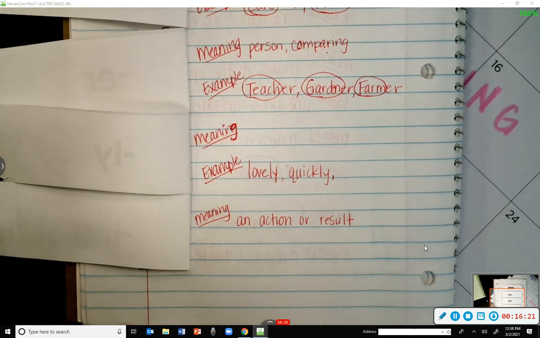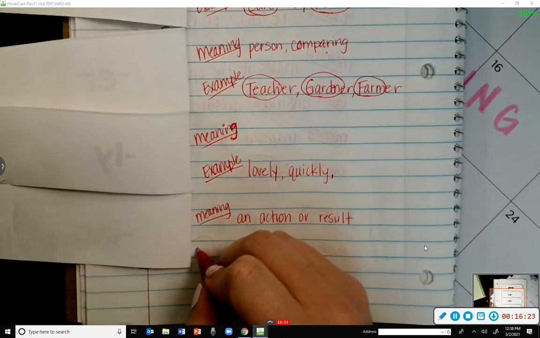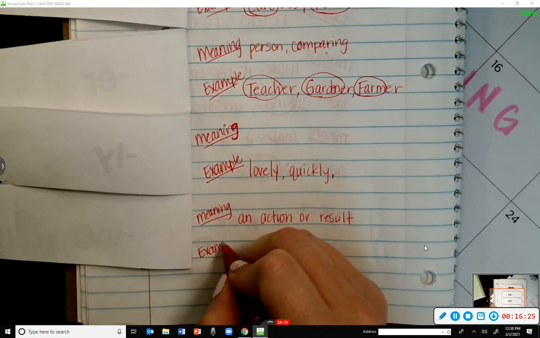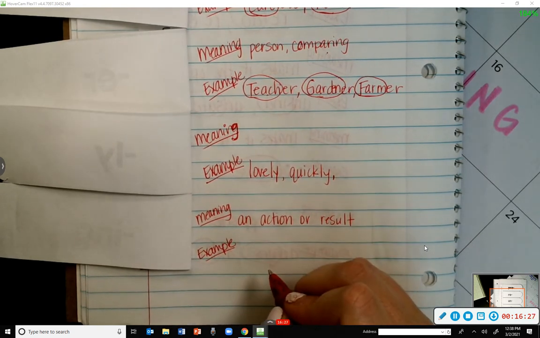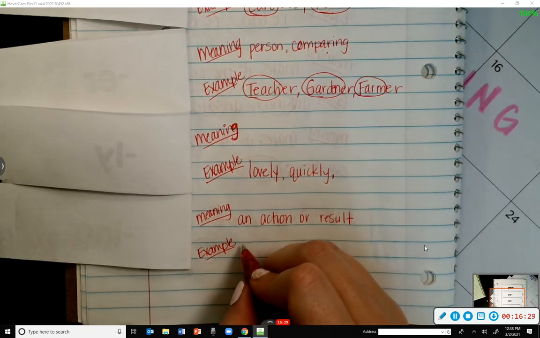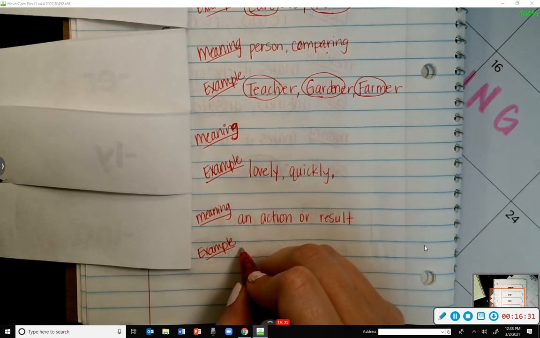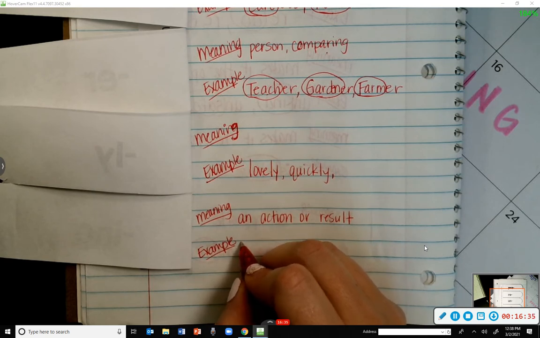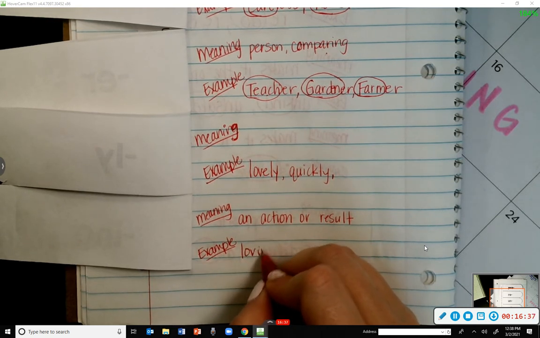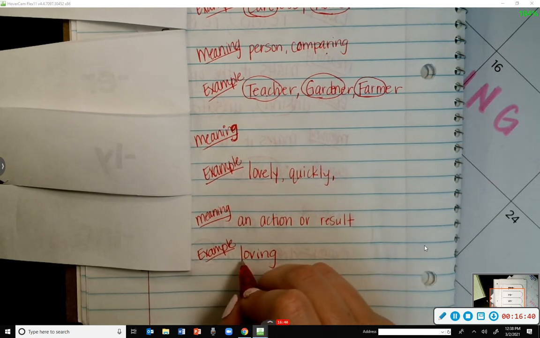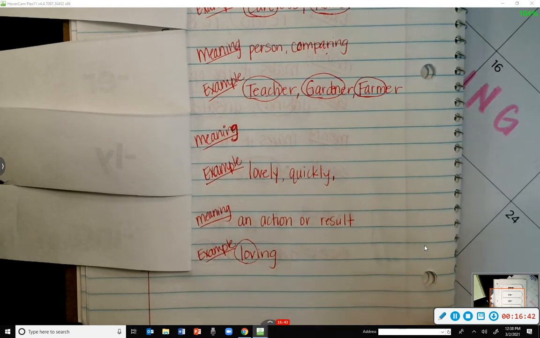Okay, y'all had a bunch of ING words last week on your spelling list, so can y'all give me an example? Evangeline? Loving. Say that again? Loving. So that's the action of showing love, right? Love.